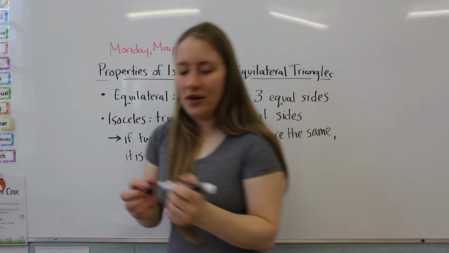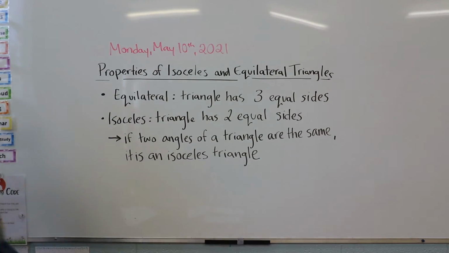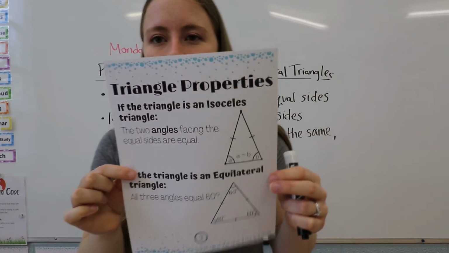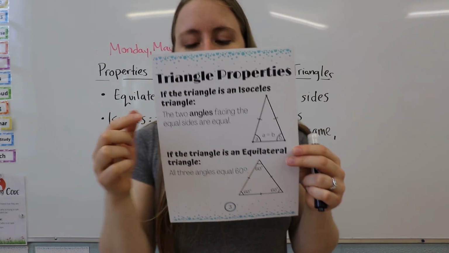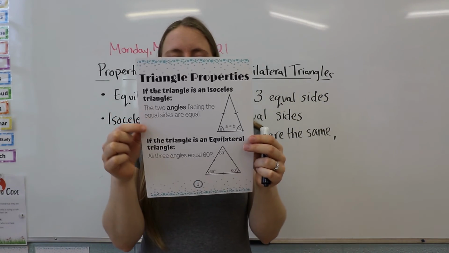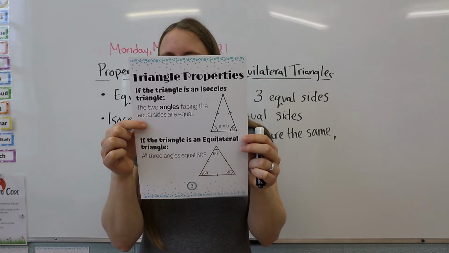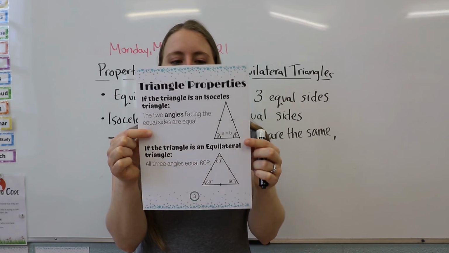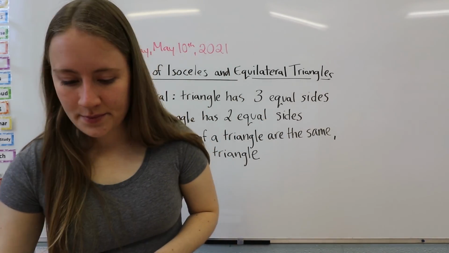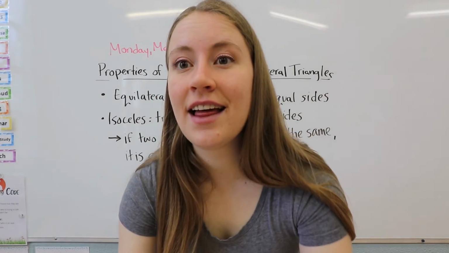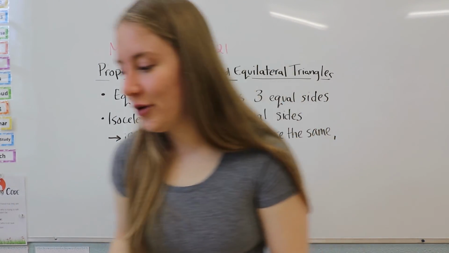Okay, and that rule is on our last anchor chart for triangles, right here. Okay, if two angles facing the equal sides are equal, then it's an isosceles triangle. Okay, and that is it for math today.